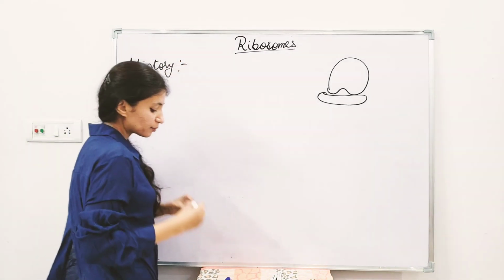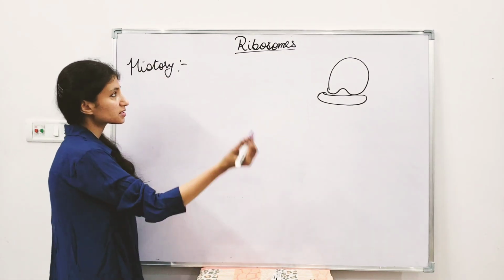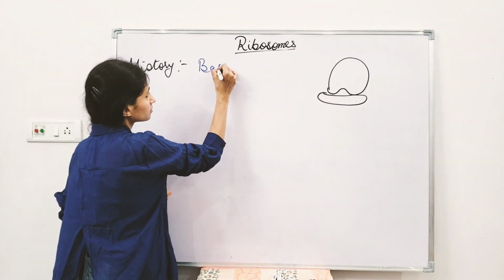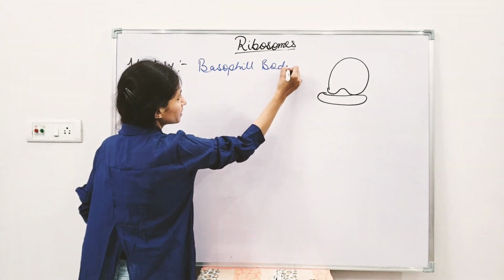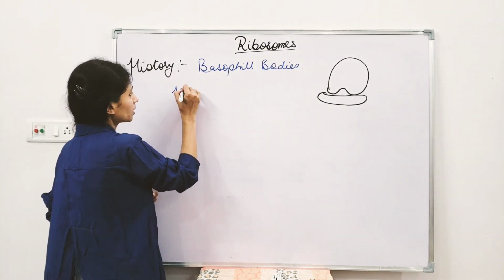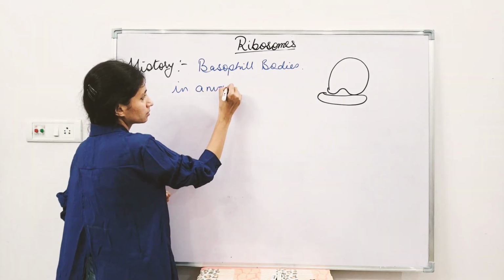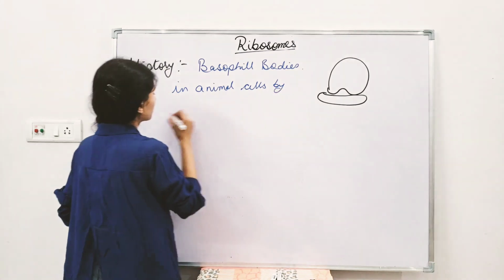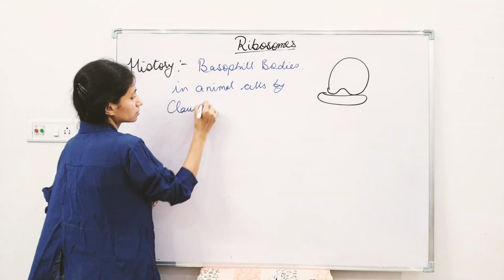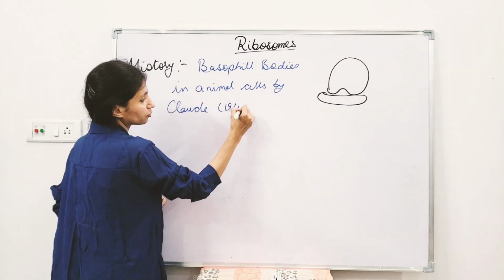If you look at the history of ribosomes, they were discovered as basophil bodies in animal cells by Claude in the year 1944.